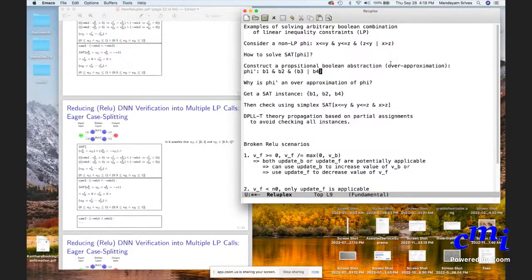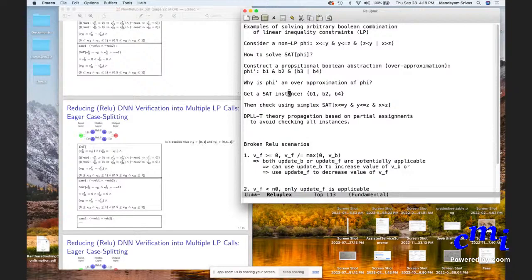This is also an over approximation of the original formula, because there are more instances when phi prime is satisfiable than when phi is satisfiable. If phi prime is unsatisfiable, then certainly phi is unsatisfiable too.